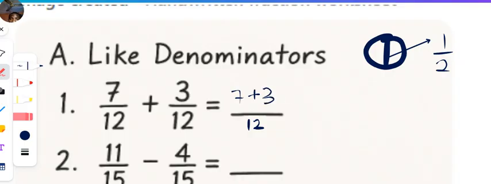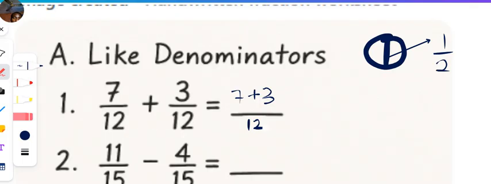Remember, let me say it again. Look down on the denominators and check if they are the same. And if they are the same, just pick one of them. In this example 1, I have 12 as the denominator of the first fraction and I have 12 as the denominator of the second fraction. So they are the same. The numbers down are the same.